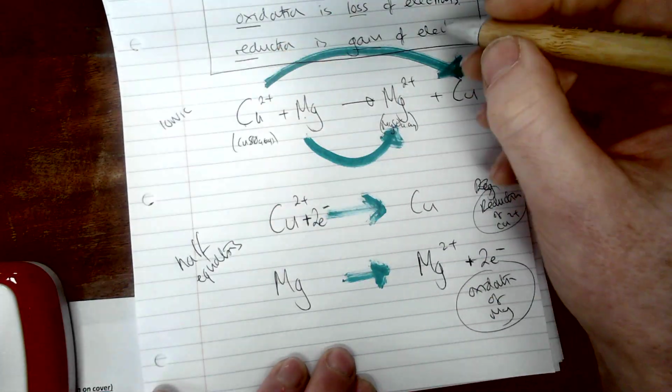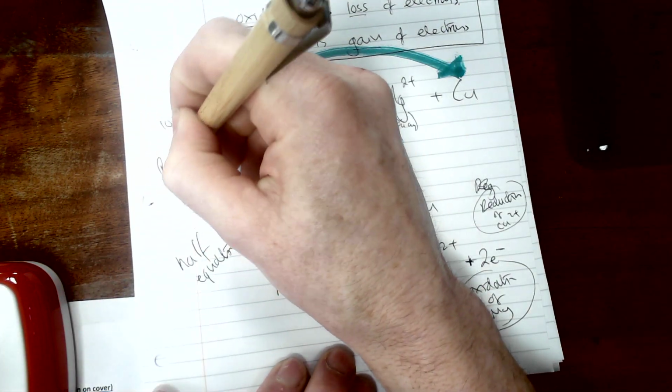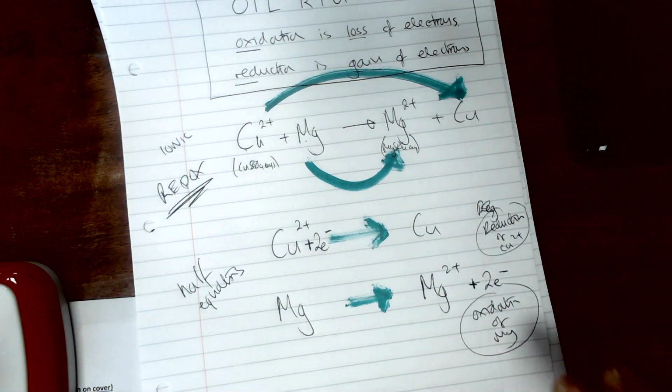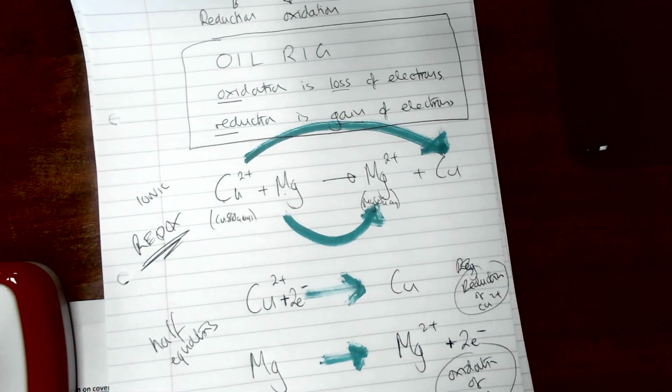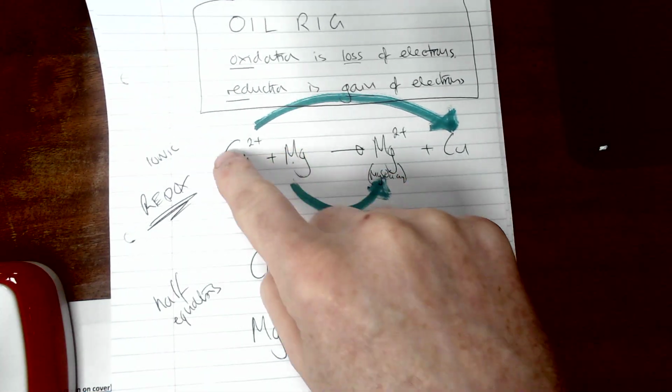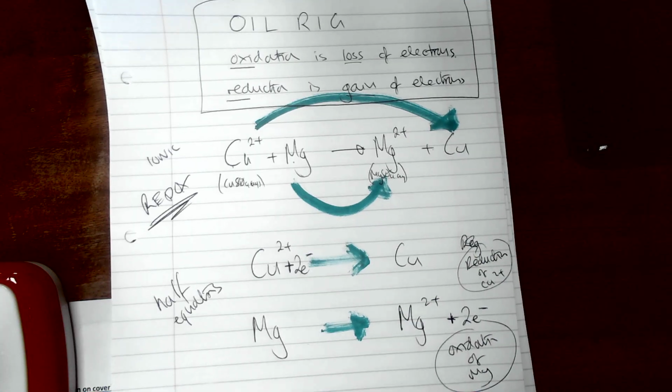This is a redox reaction. It's an example where, if we look at the individual elements, we can see that electrons have been lost or gained.